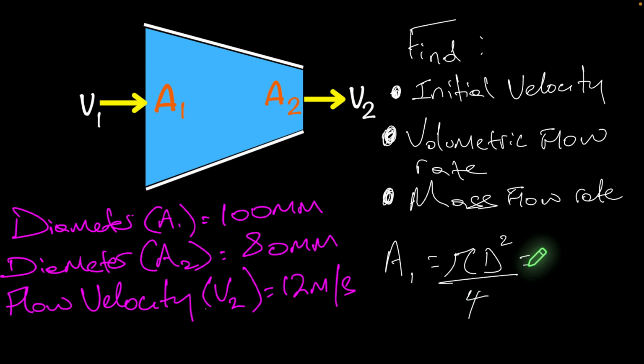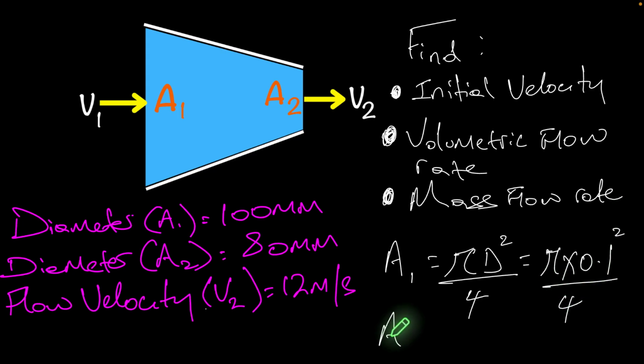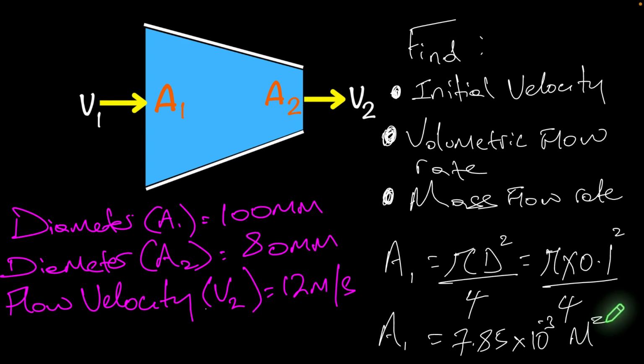And since our diameter is 100 mil, then we can just convert that to meters, and that will just be 0.1 meters. And if we square that and divide by 4, then we get A1. And A1 turns out to be 7.85 times 10 to the negative 3, and our unit is meters squared. So that will give us A1.